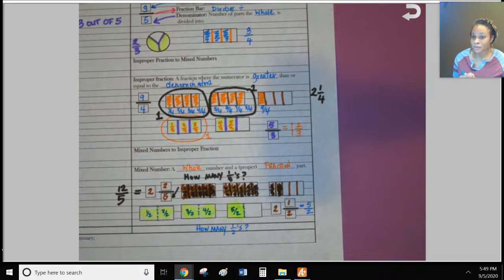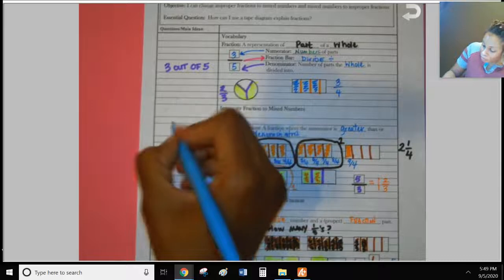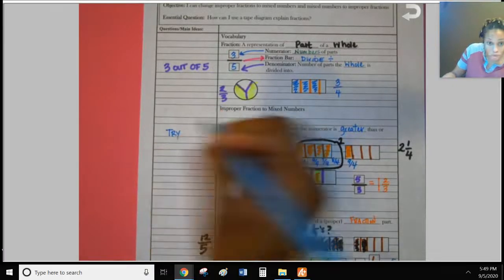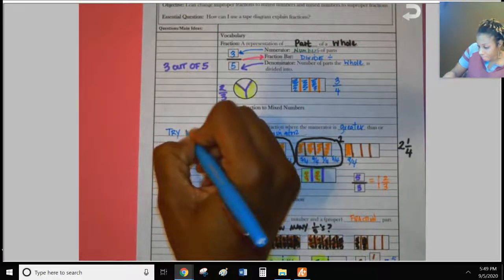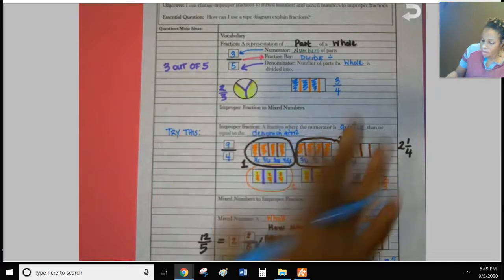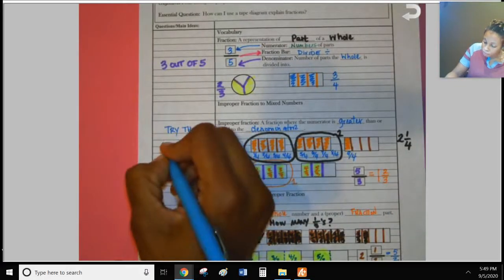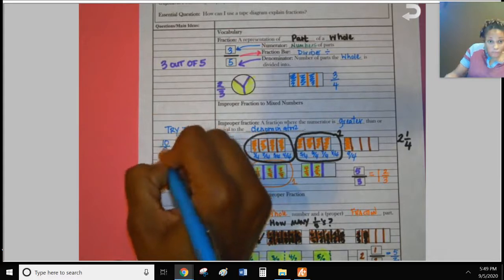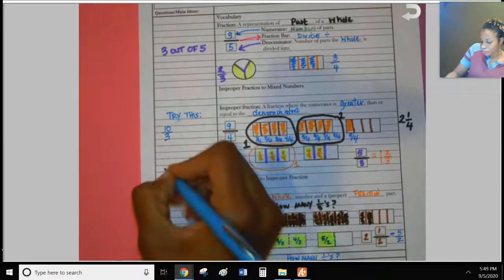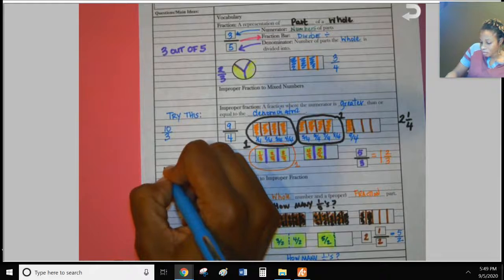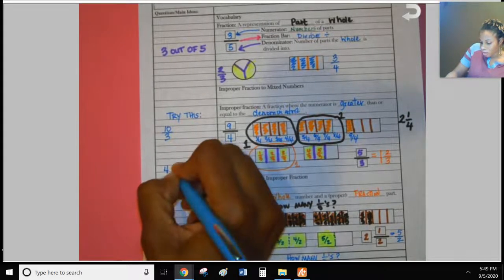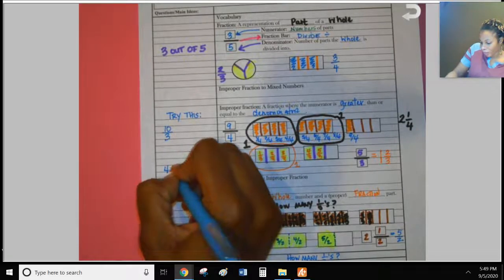So I'm going to give you some time to try some. I want you to try to model 10 thirds and 4 and 1/3.